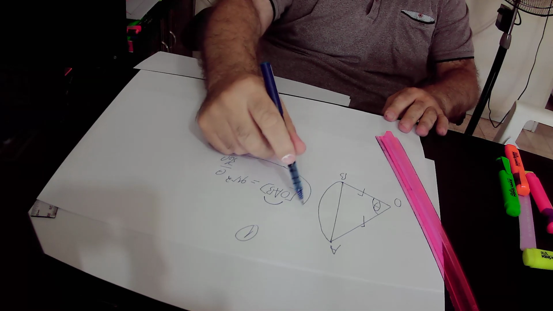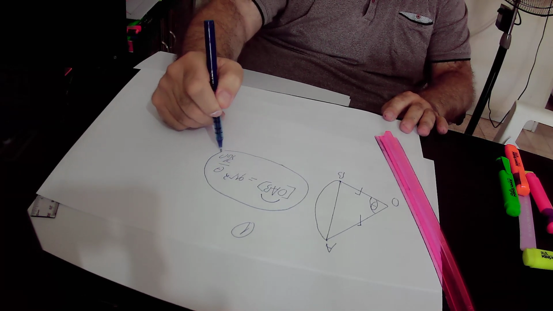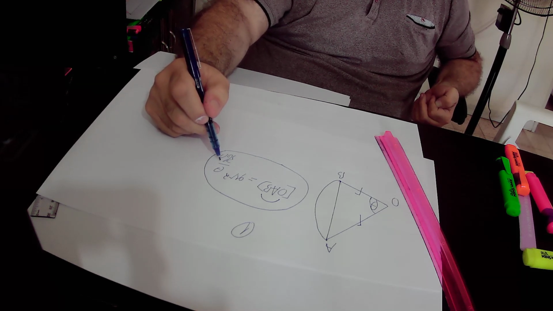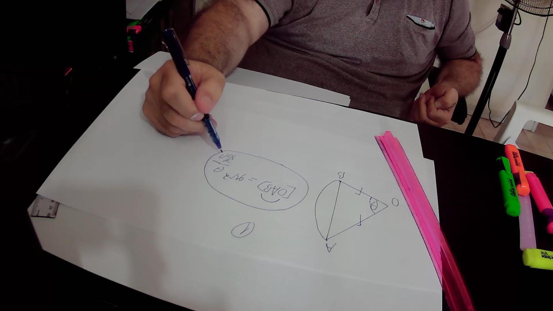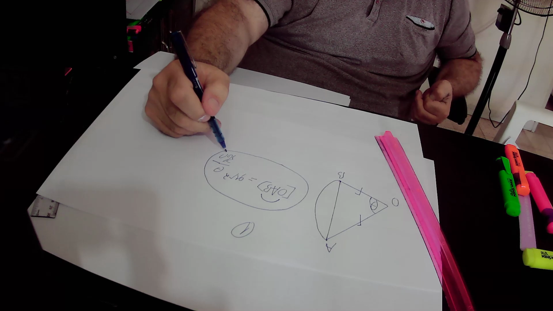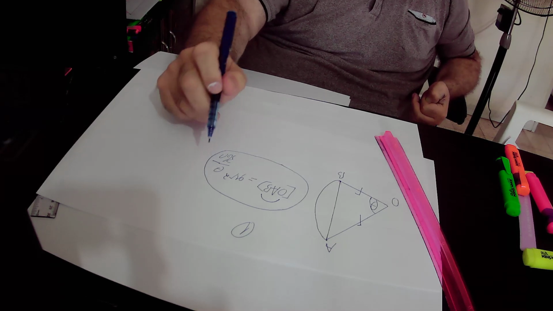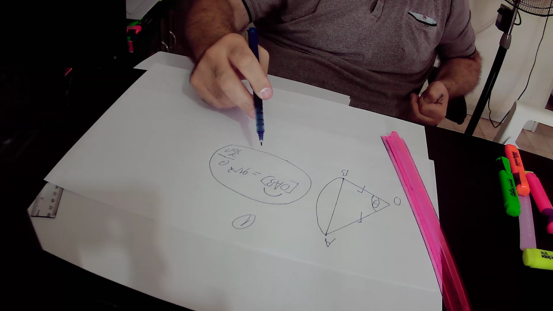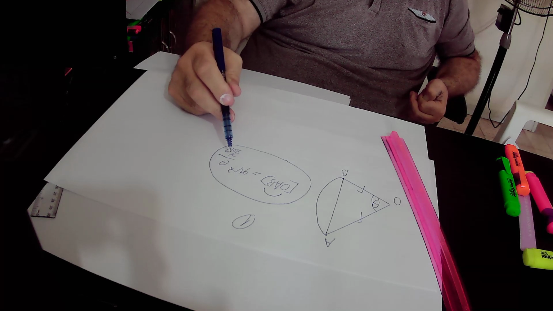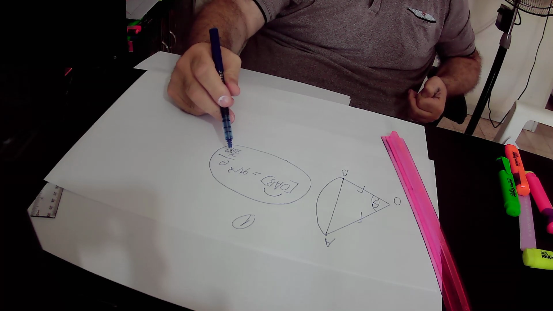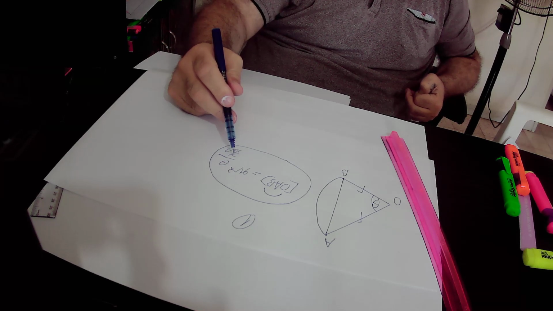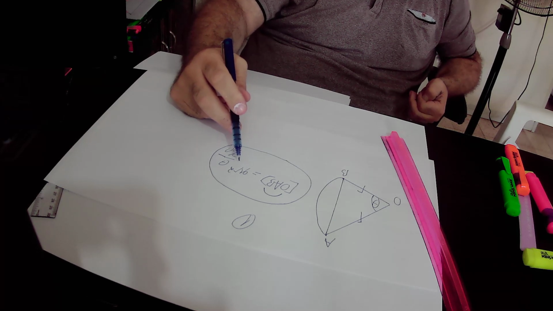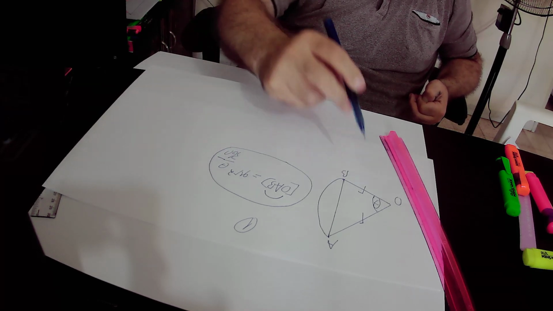Okay, let me explain the formula. Here, the ratio theta over 360 degrees gives us the relative percentage that this sector occupies out of the entire circle, and when we multiply the percentage by the area of the entire circle, that is pi r squared, we get exactly the area of this sector.